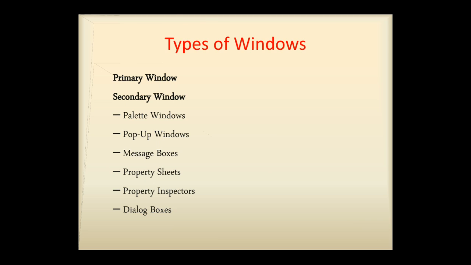Similarly, secondary windows are used to obtain or display supplementary information related to the objects that exist in the primary window. The components of secondary windows include frames or borders.